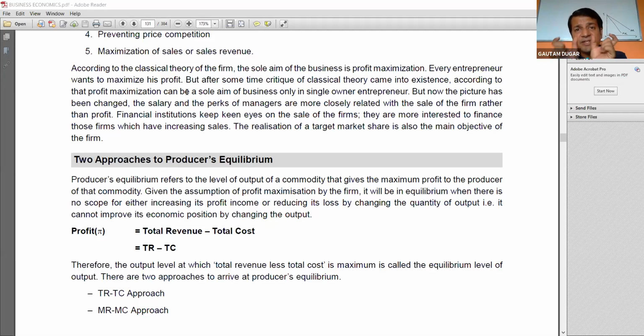Where this gap is highest will be the point of equilibrium according to the TRTC approach. So on your screen you have two approaches: one is TRTC, one is MRMC. Next.